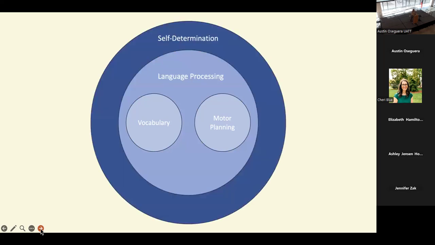And then eventually we might get to the self-determination piece, which is, what is important to them? What is motivating for them to communicate? What is the part that they want to share with us? What do they want to do? How do they want to do it? And then we eventually might start getting here after we've looked at these other pieces.